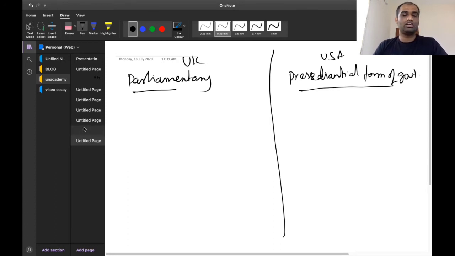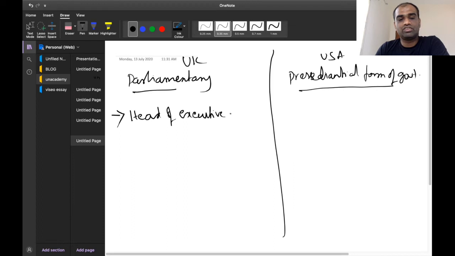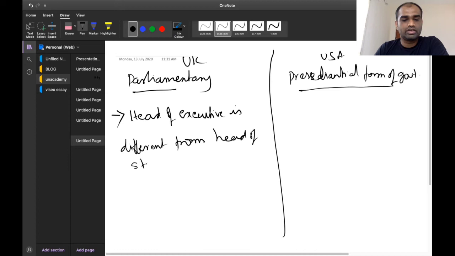Now, if you look at the differences between the parliamentary form of government and the presidential form of government, in the case of the parliamentary form, the head of executive is different from the head of state.